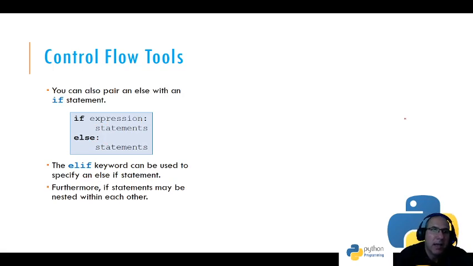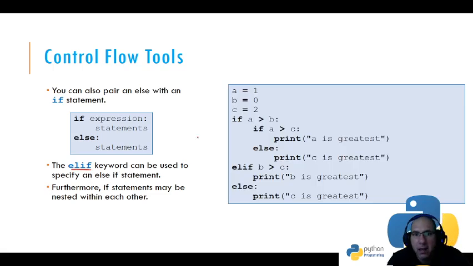We can have if else also: if expression, else expression. And if we have more than one, an if chain of statements, we don't have else if, we have elif in here. So let's say if I have a greater than b, a is 1, b is 0. If a greater than b, yes.